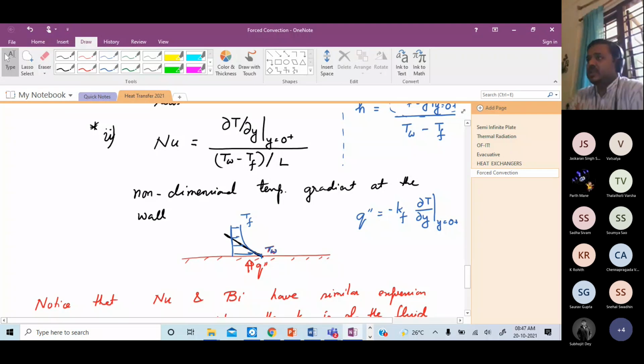For a flow over a cylinder or a sphere, again TW minus TF occurs over a small layer normal to the surface, whereas instead of L we use the diameter of the cylinder or sphere. So it's not a good definition.